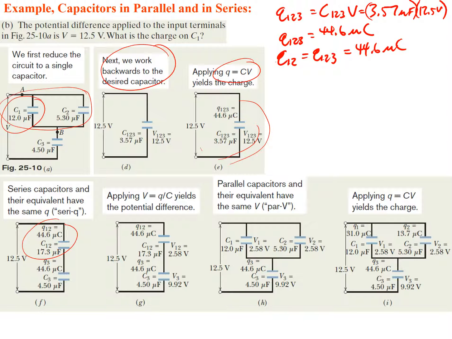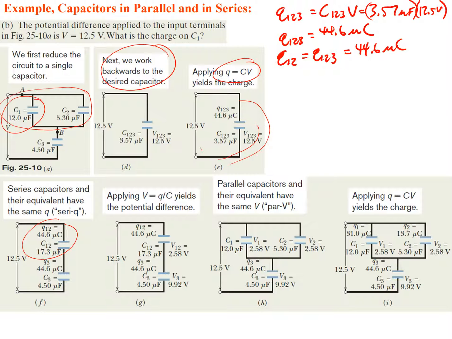The next thing we want to do is apply the same equation, but now solve for V, because it yields the potential difference. We're going to need the potential difference to find the charge of these.